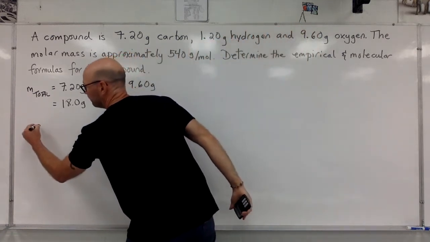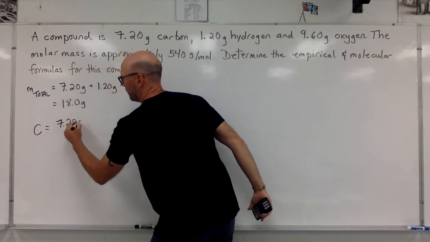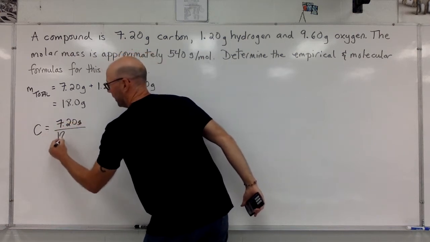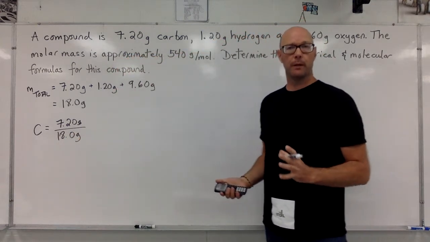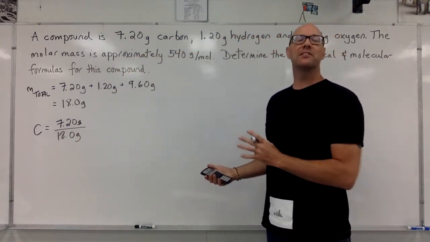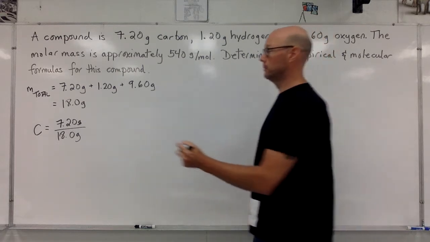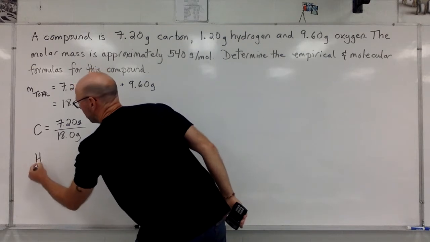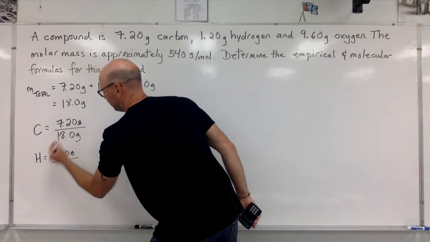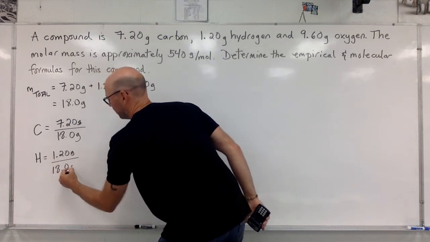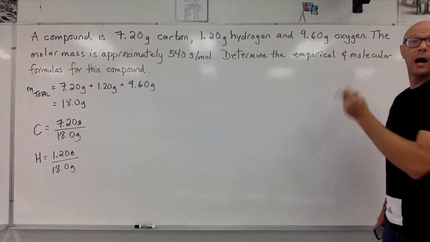For the carbon, it's 7.20 grams out of these 18.0 grams. We're not going to multiply by 100 because we want to leave it as a decimal. We have to do that for each element. For the hydrogen, it was 1.20 grams out of 18. And for the oxygen, 9.60 out of our total.